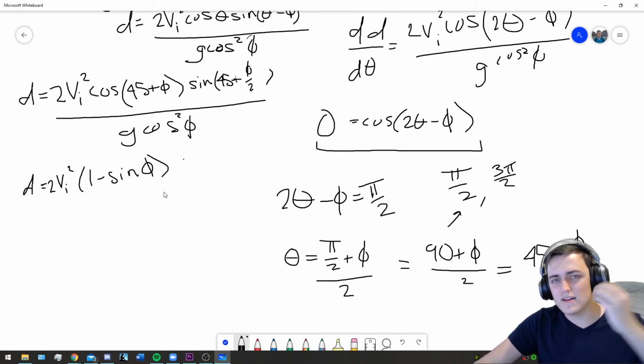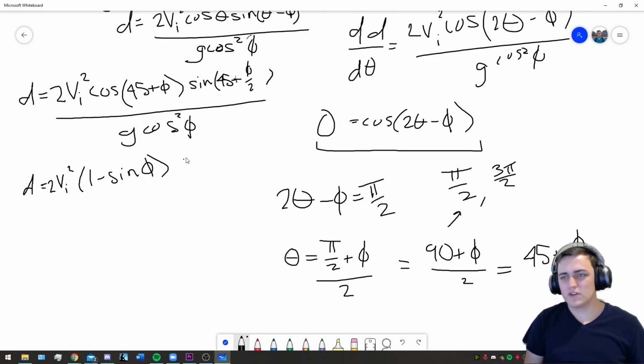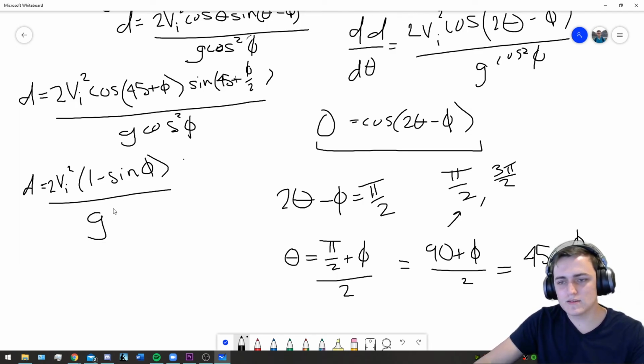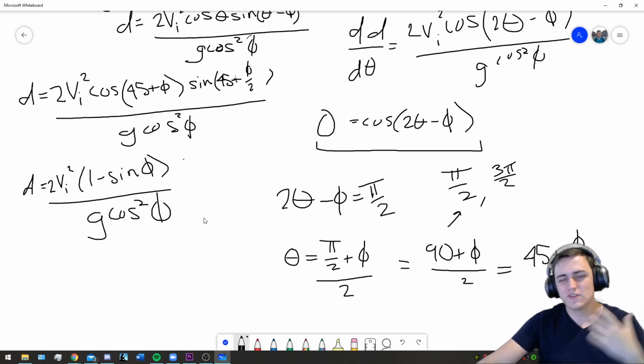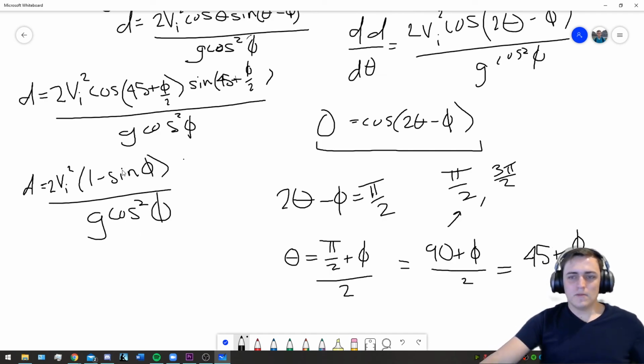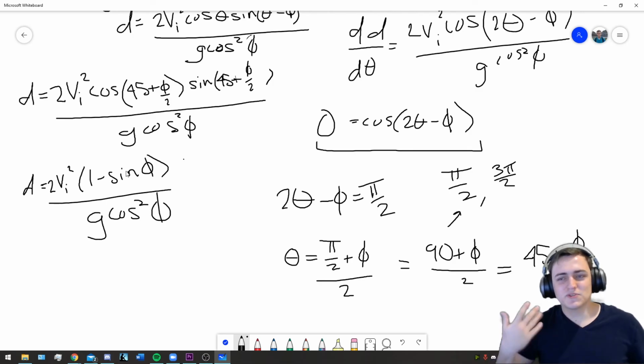And that is another identity, which is a little bit tricky. And so this is why this problem is extra credit, not required, because of so much trig simplification that you have to do, right? You have to understand 45 plus phi over 2, 45 minus phi over 2. That this identity translates into 1 minus sine of phi, right? It's a little confusing. And personally, I wouldn't have known this.